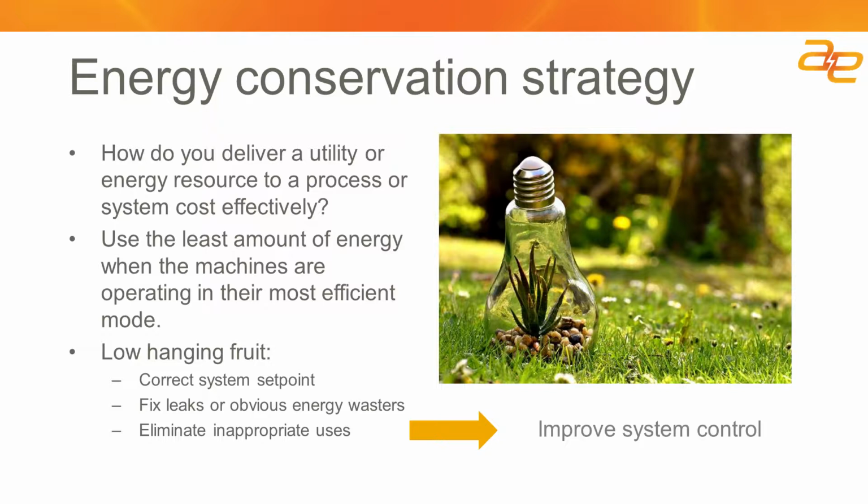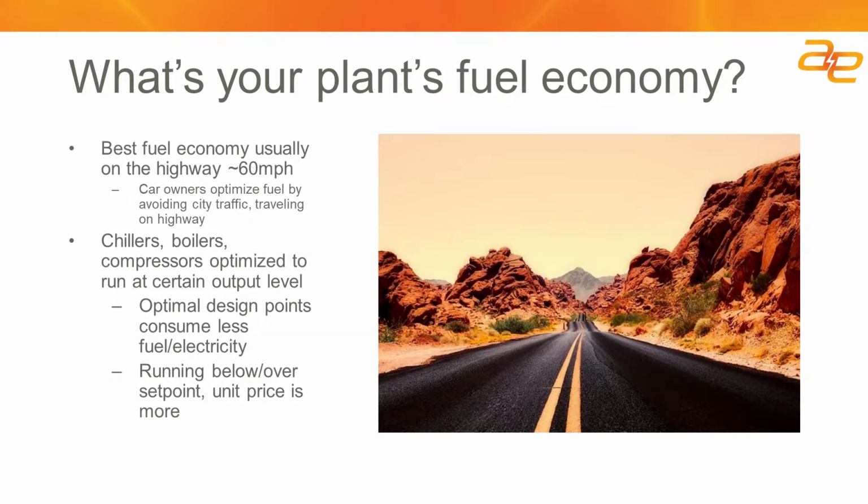to involve a control system in terms of sequencing. It really comes down to understanding the equipment that you have in your facilities. And again, these are the equipment that are generating either the compressed air, the steam, or the chilled water. Just like your car, those pieces of equipment are designed to operate at an optimal set point.